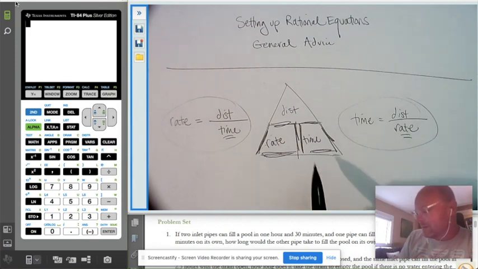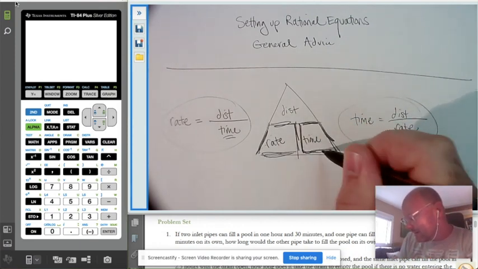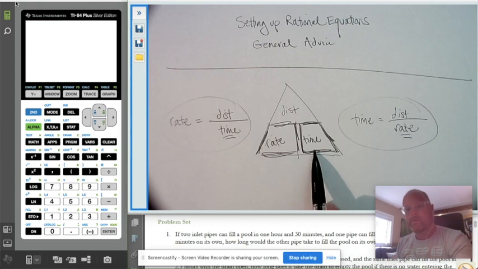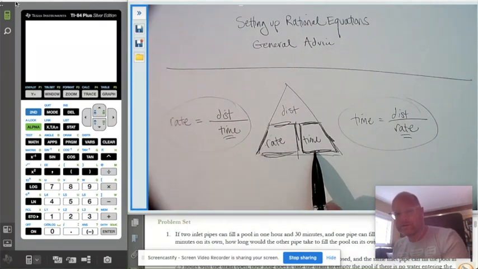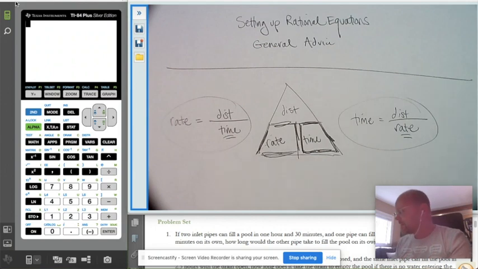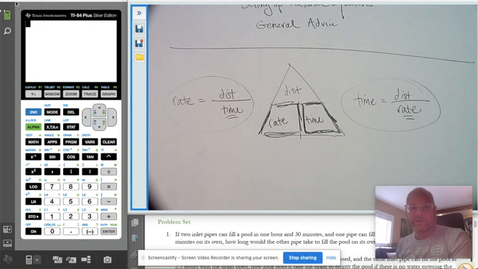On the other hand, if the unknown quantity is a time, if you're trying to find how long it takes for somebody to paint the room or how long it takes the train to get from point A to point B, that's a pretty good indication that you're going to want to use this equation over here, because time is in the denominator.